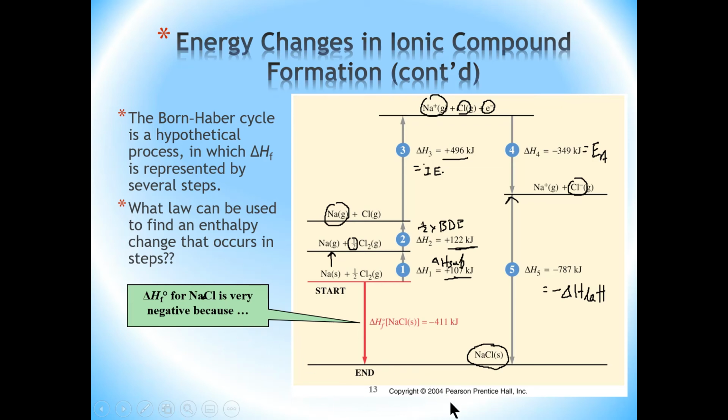So going from start to end directly is equal to going through the first step, second step, third step, fourth step, and the fifth step. The sum of the enthalpy changes going all the way around is the same as the direct path.